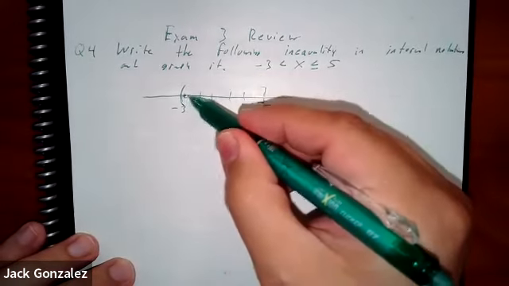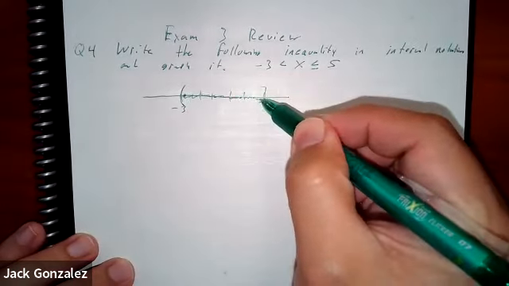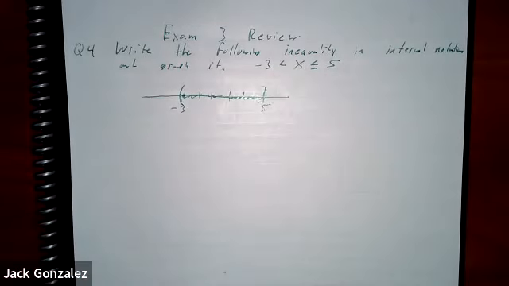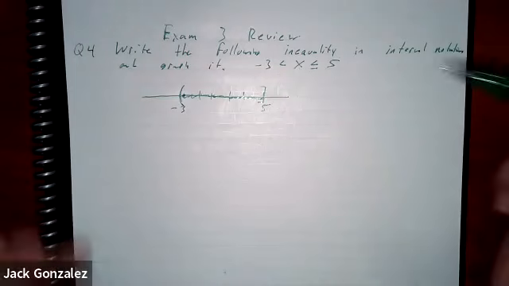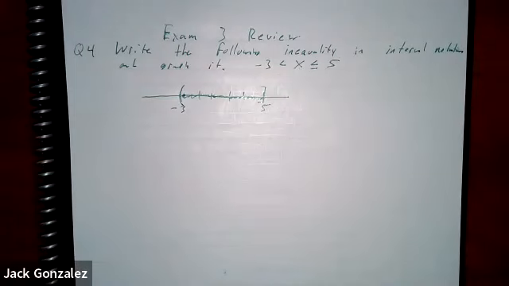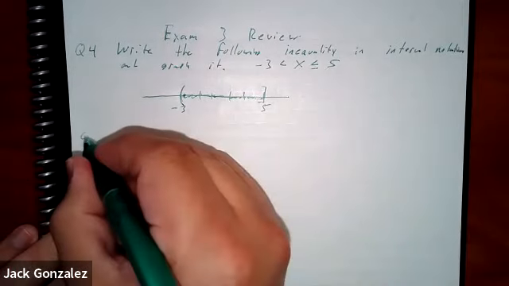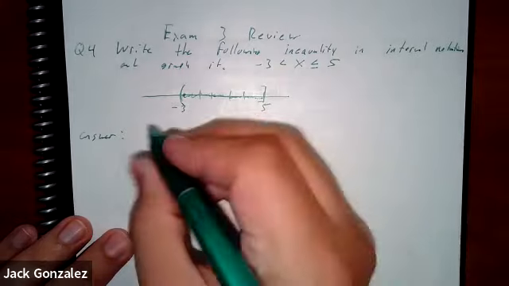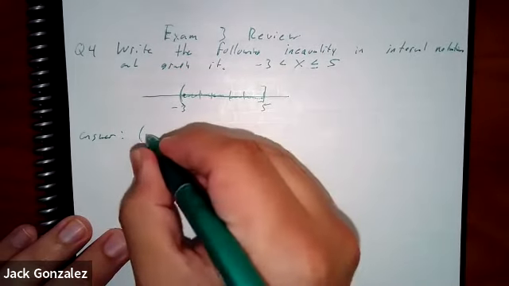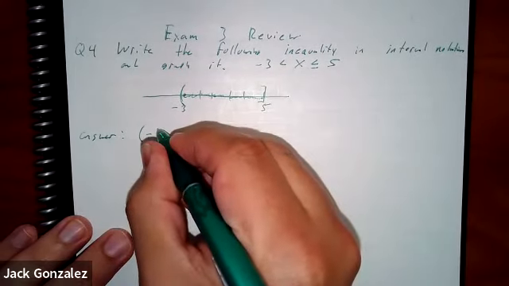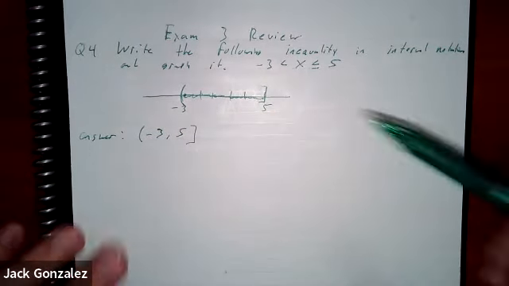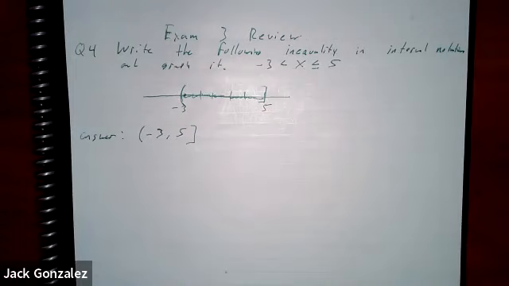Everything in here is a solution that satisfies this inequality. Once you put that on there, you should see what the interval notation will be. The answer will be (-3, 5], just mirroring the line. Okay, that makes sense.